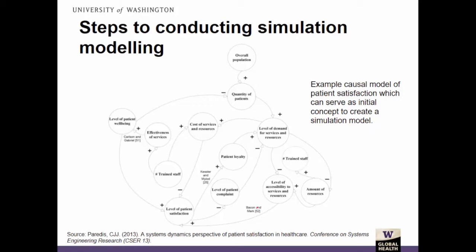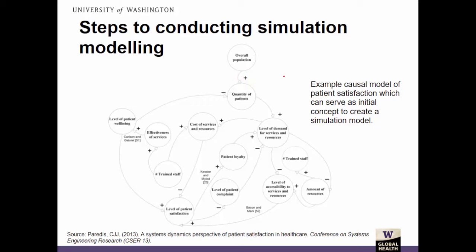Some even have references, so they're taken from previous studies that might have assessed the relationship between these different factors. So for example, in this figure, overall population is positively associated with the quantity of patients here, as you would expect. As the population goes up, the number of patients you're going to see is going to go up.